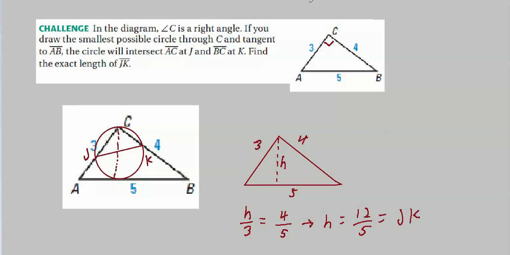You really just need to remember your little similar right triangle things: when you drop an altitude from the right angle vertex down to the hypotenuse, you automatically produce three similar right triangles. We could have used this one over here too. In fact, I think we did use this one, didn't we?